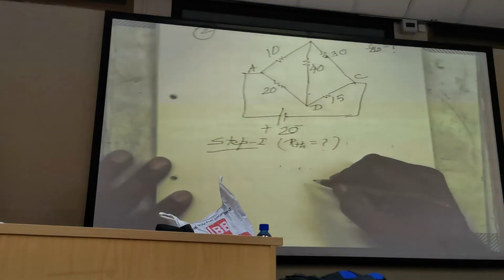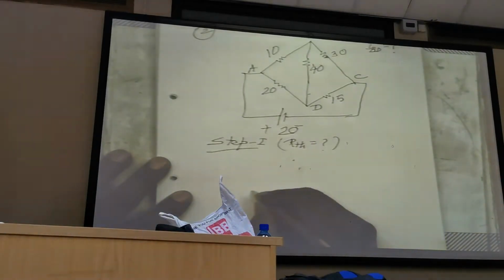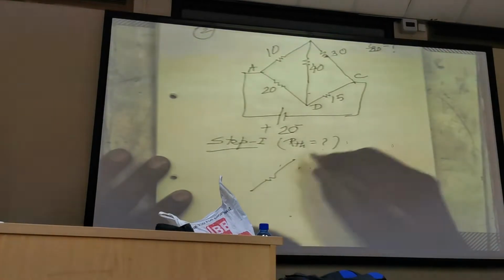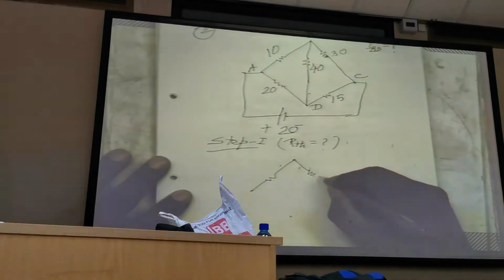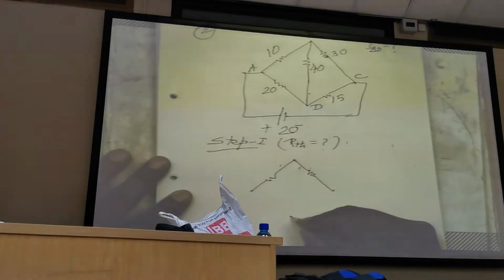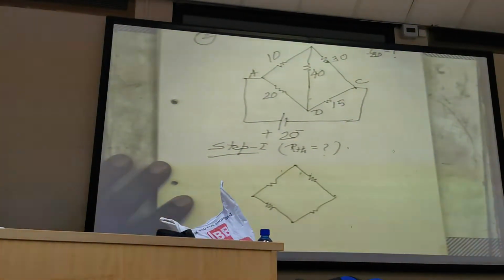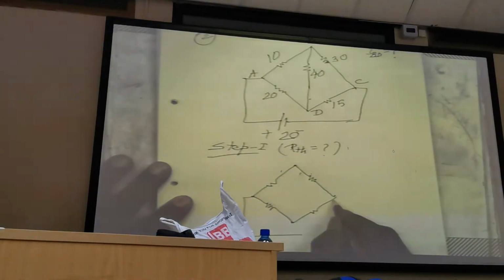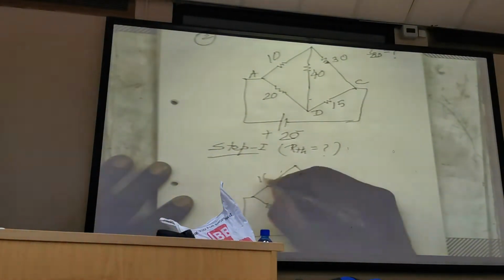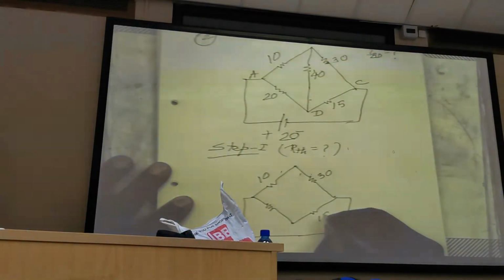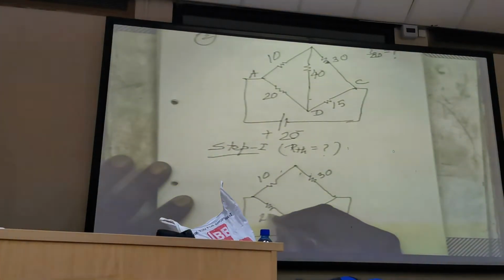So again we are going to draw the circuit. In this one you need to draw the circuit quite a number of times, and don't be lazy. That will not help you at all. So this is 10, this is 30, 15 and 20.